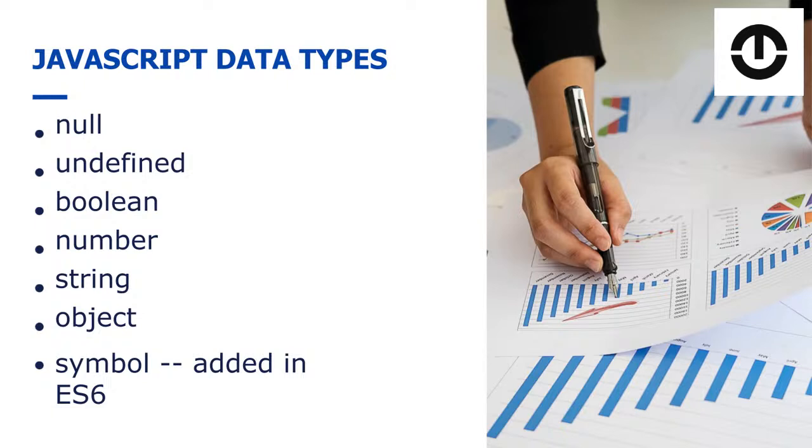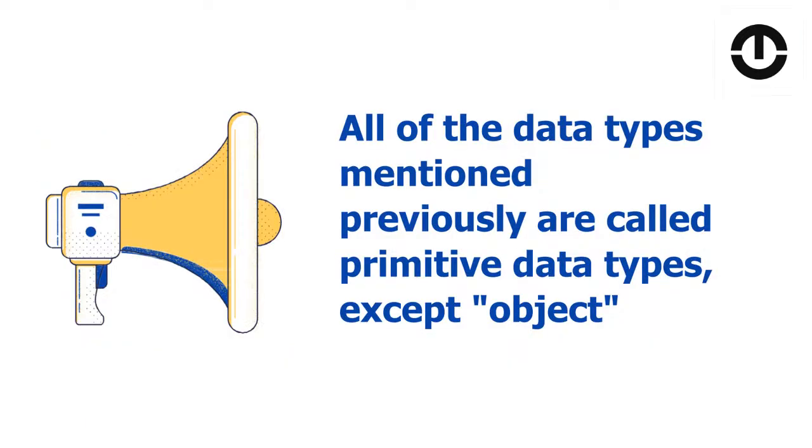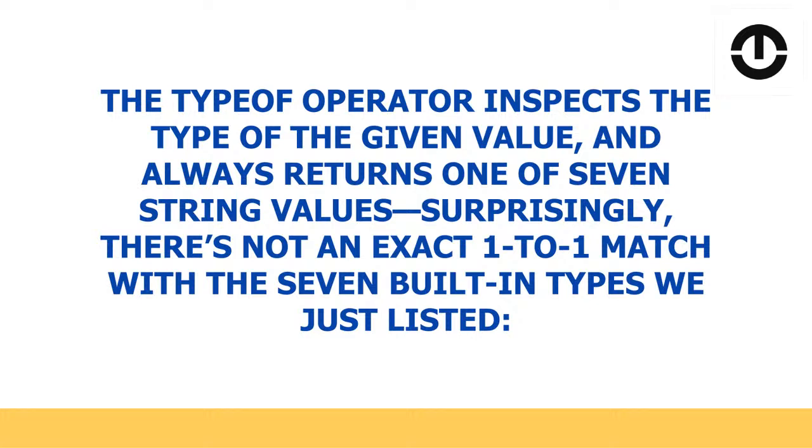I will discuss that when we get to the console work. Like I mentioned, all the data types I mentioned previously are called primitive except object. I'll explain later on. Then we'll go into how to identify a data type.